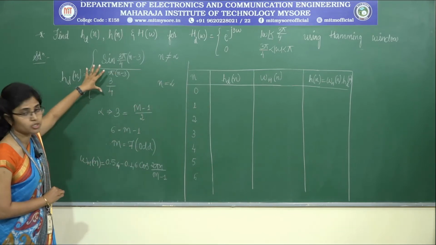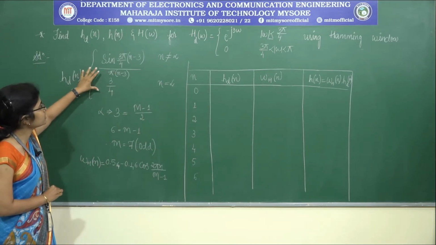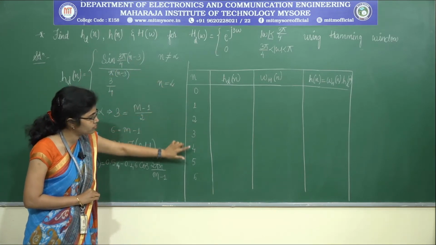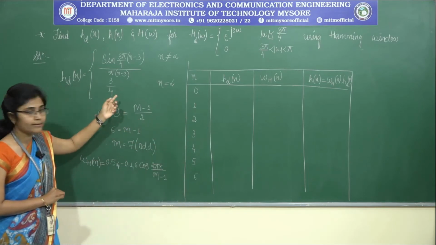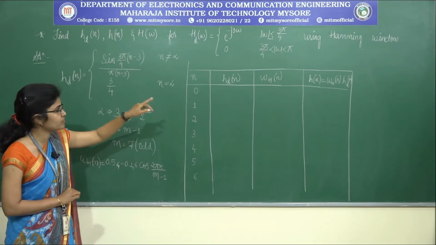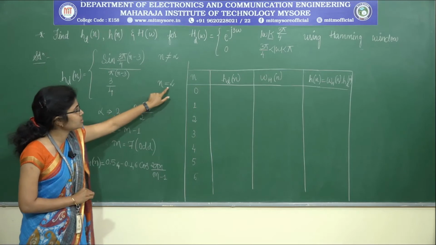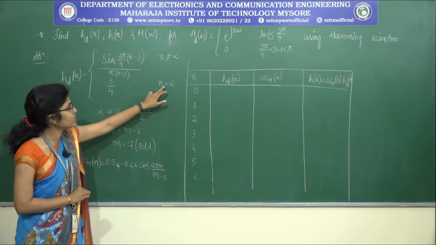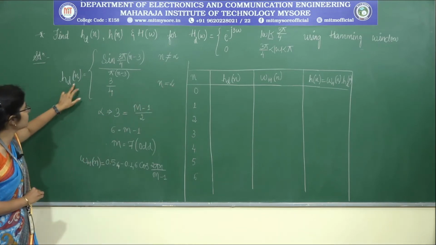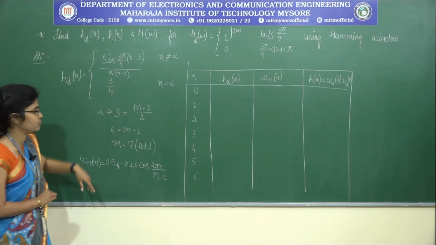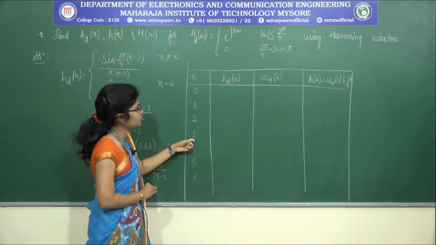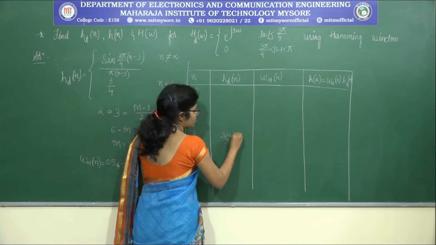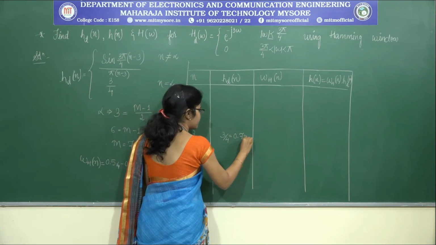So we have the expression for hd of n here. In this expression, start substituting the values of n as 0, 1, 2, 3, 4, 5, 6. We already have one value of hd of n, that is when n is equal to alpha. What is the value of alpha? The value of alpha is 3. When n is equal to 3, hd of n is equal to 3 by 4, which is nothing but equal to 0.75.